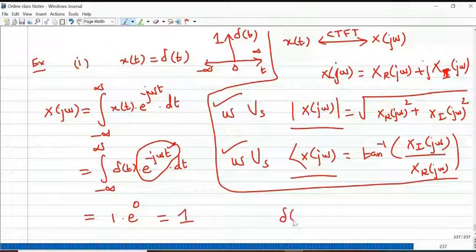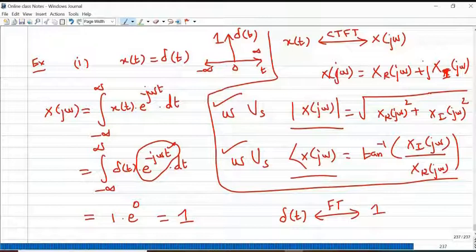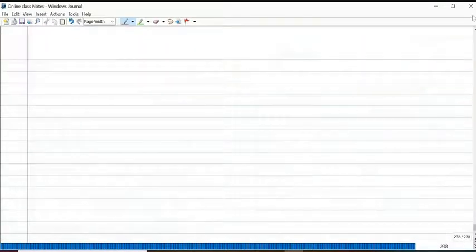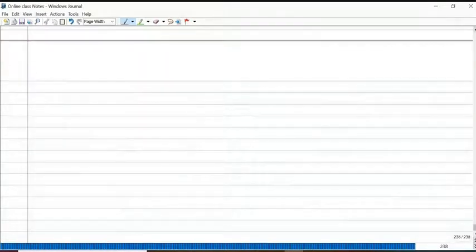So the Fourier transform of del of t is 1. Okay, please remember this. Later we are going to use this formula for inverse Fourier transform using the partial fraction method. That is a simple problem.